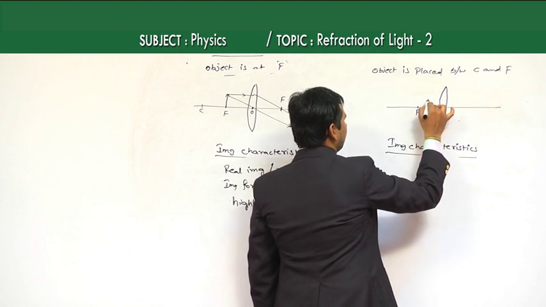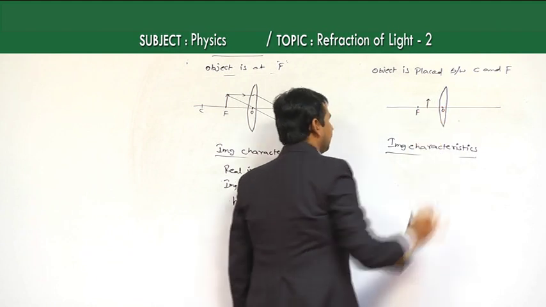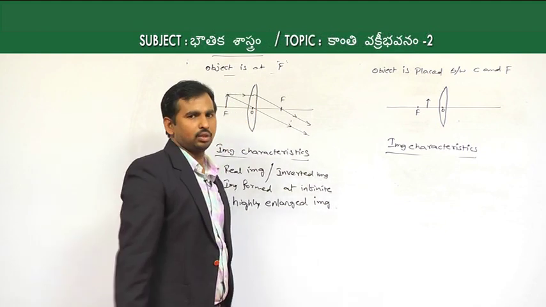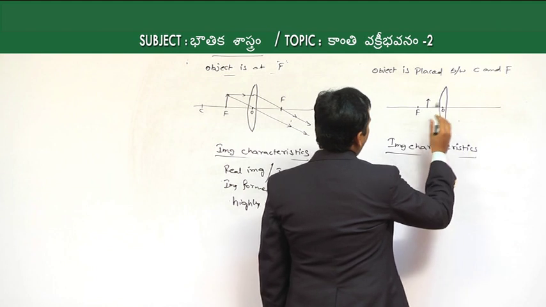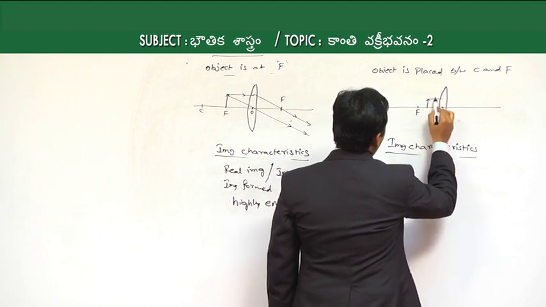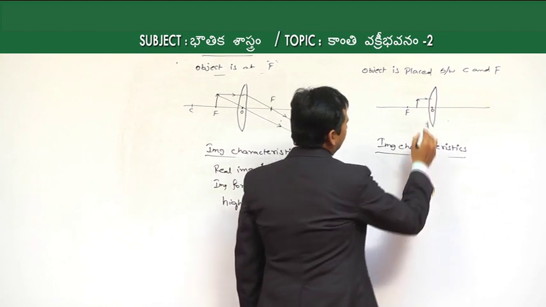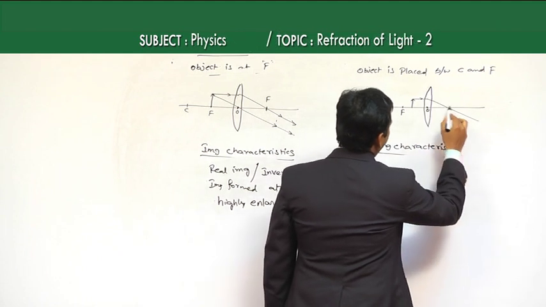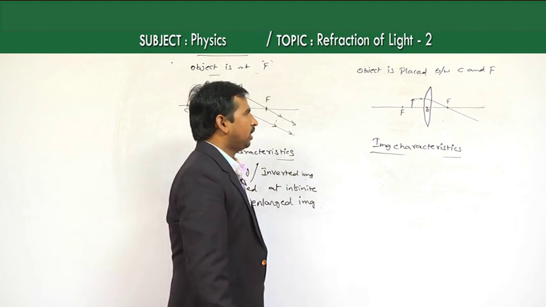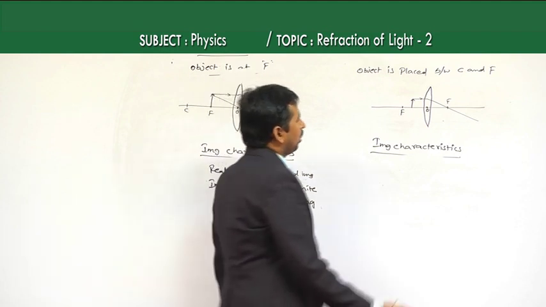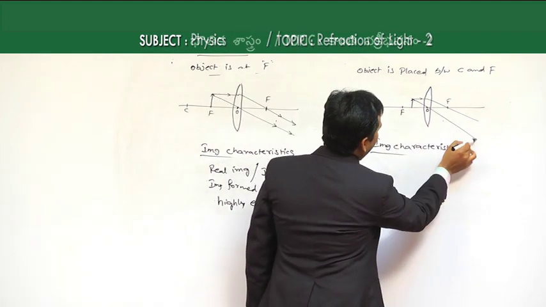Now the object is placed between the focus and the optic center, like this. Again as usual, the light ray passing parallel to the principal axis passes through the focus after refraction as before, and the second light ray passes through the optic center, like this.